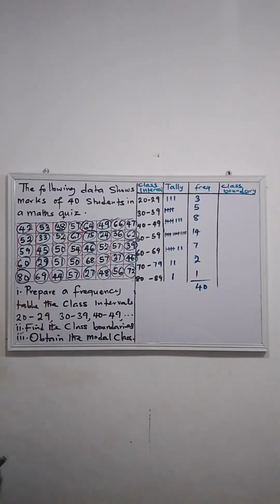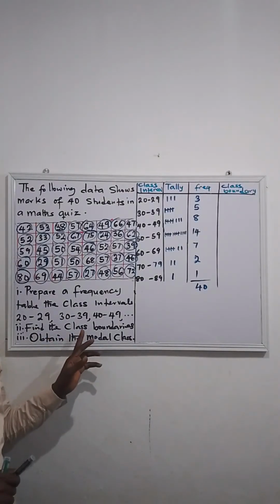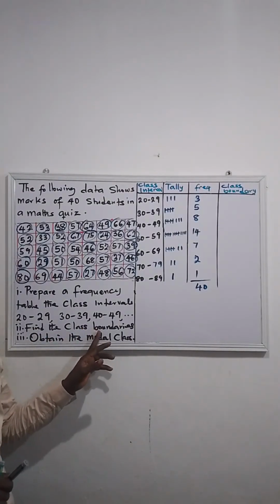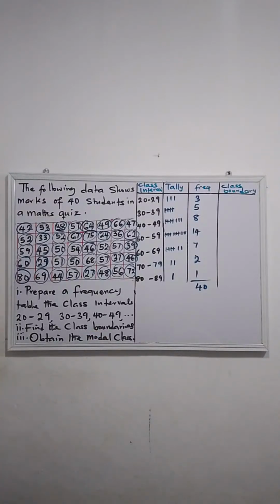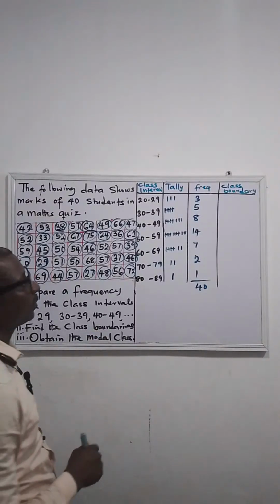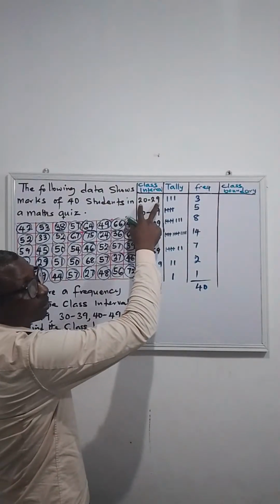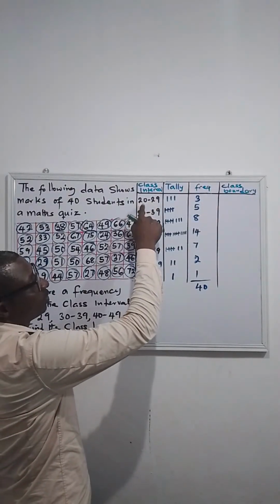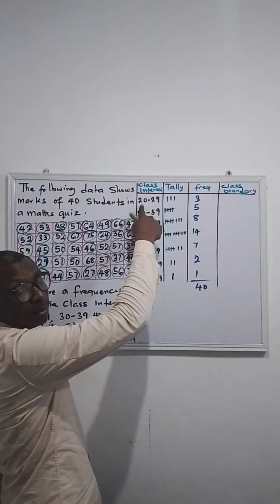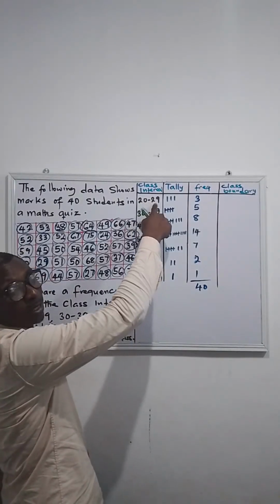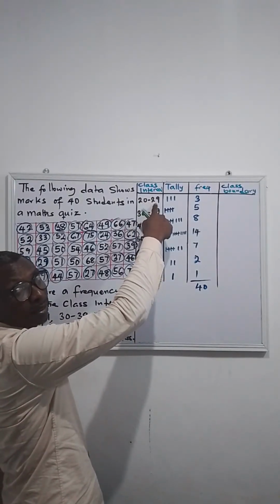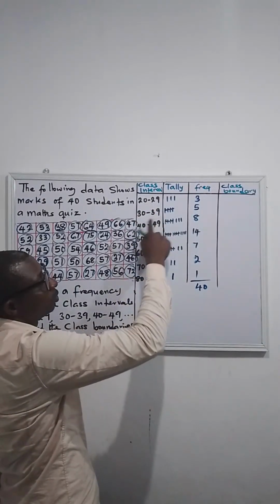Construct the frequency table. Now the next thing is to find the class boundary. How do we get the class boundary? Just go to the interval, remove 0.5 from 20, and also add 0.5 to 29. That is what you're going to do to each of them.